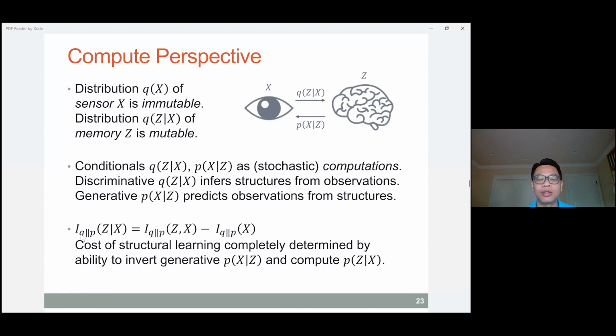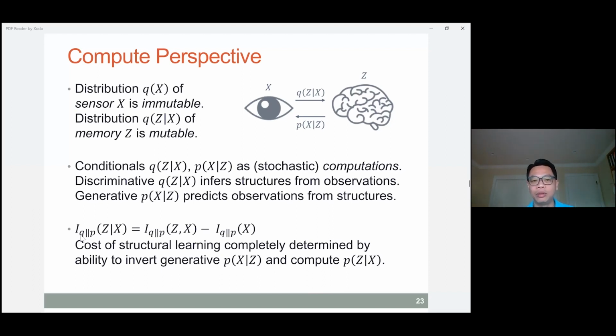Z given X is trying to measure the distance between P of Z given X and Q of Z given X. In other words, when I started out with my generative model P of X given Z, my model is going to try to invert that, do some Bayes inversion, P of Z given X, to invert Z and X.